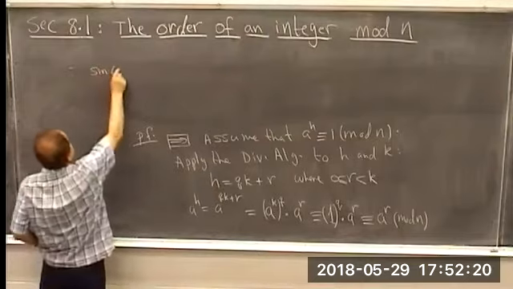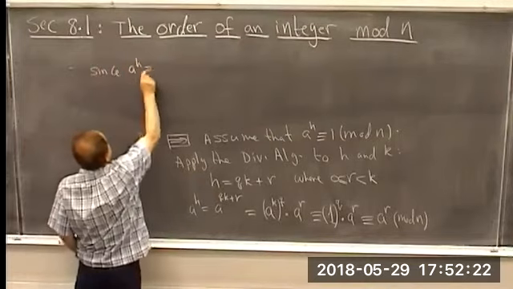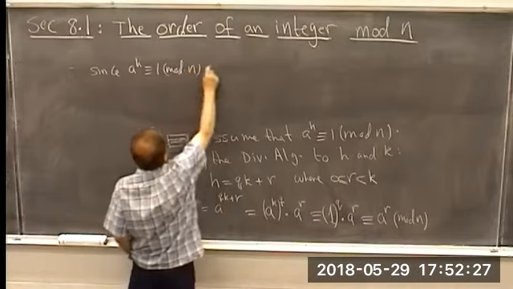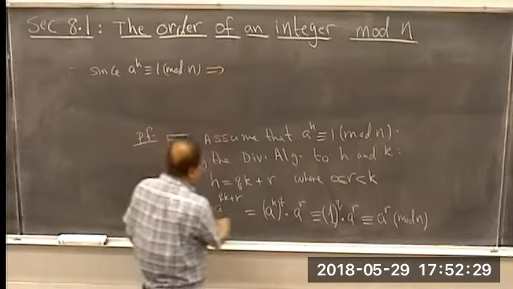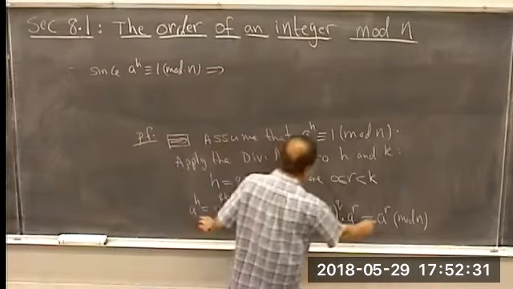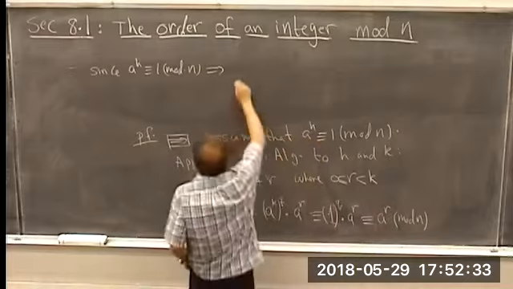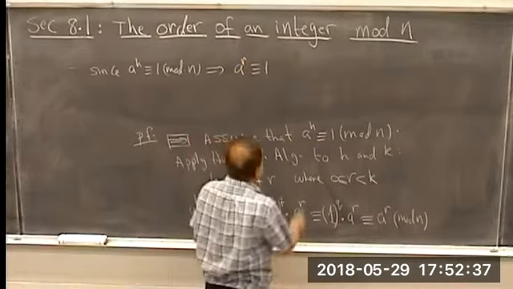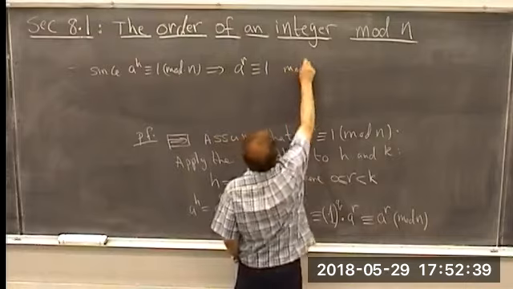Since A to the h is congruent to 1 mod n, this implies, together with A to the h being congruent to A to the r, that A to the r is congruent to 1 mod n.